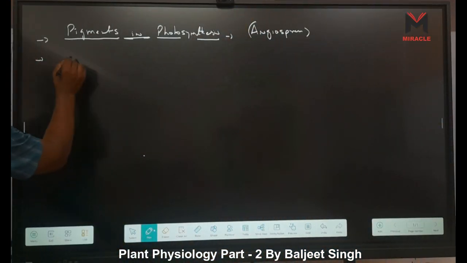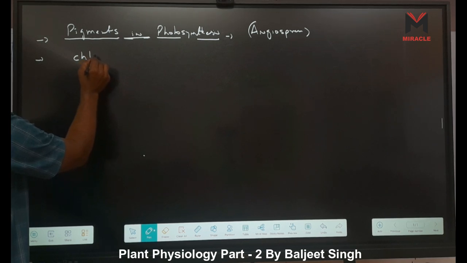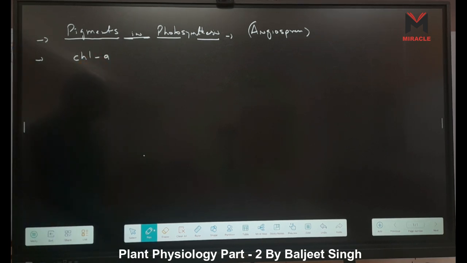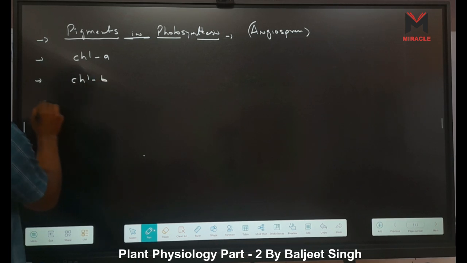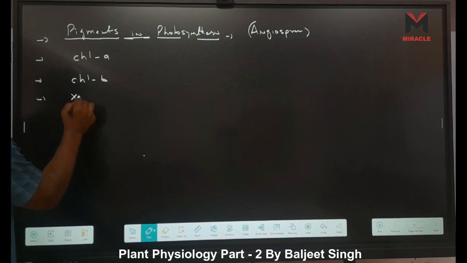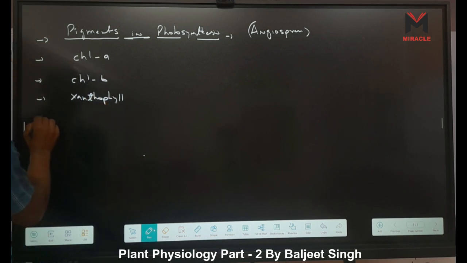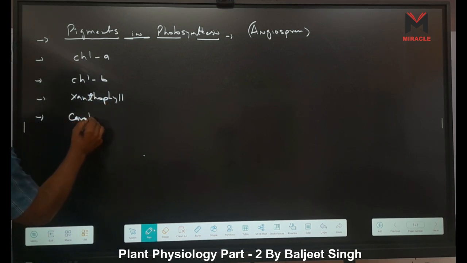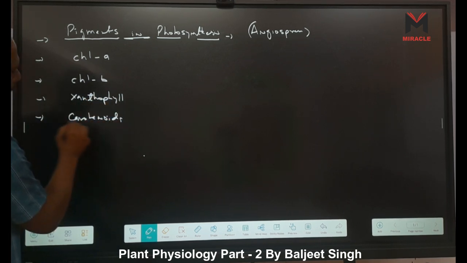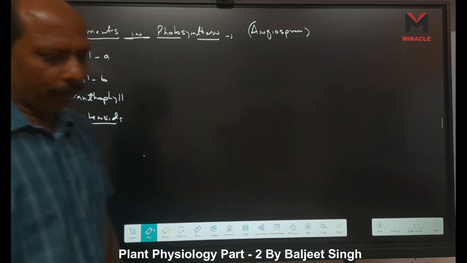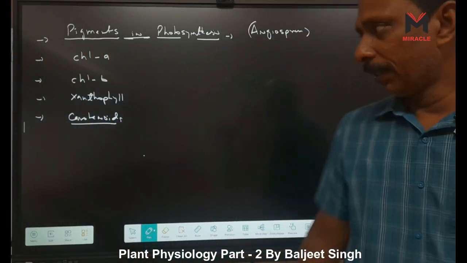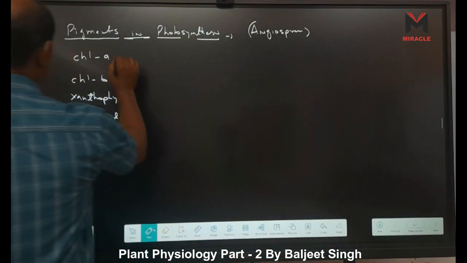Here we have chlorophyll A as the first pigment, chlorophyll B as the second, xanthophylls as the third, which is in our NCERT, and fourth, carotenoids: alpha carotene, beta carotene, right? These are present here.